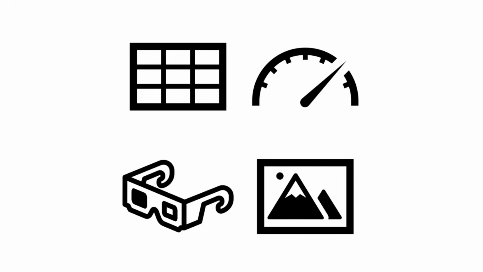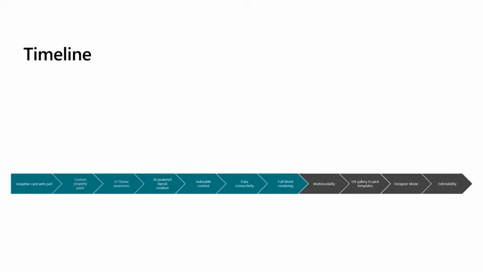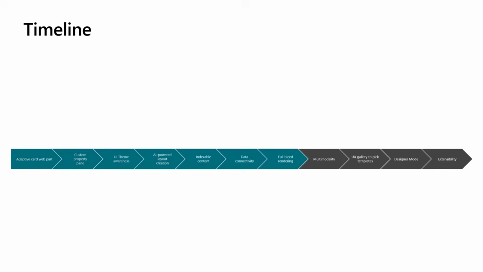What research shows is that you optimize for reading first and scanning second. That's when you use full bleed, full width.